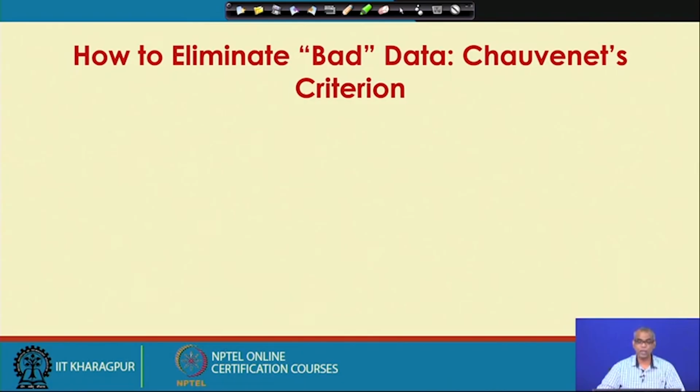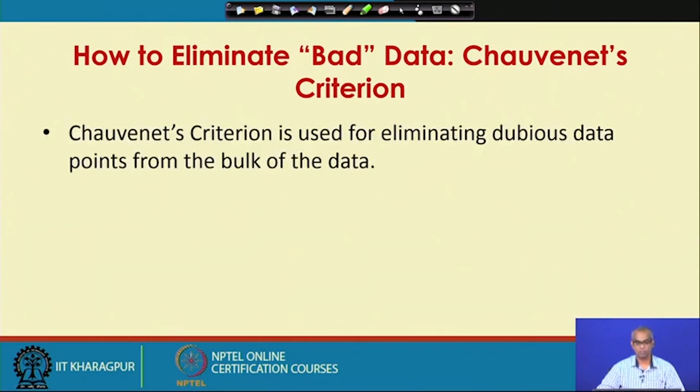Is there a way to eliminate such bad data? Chauvenet's criterion serves this purpose. It helps you to eliminate the bad data which are outliers. Chauvenet's criterion is used for eliminating dubious data points from the bulk of the data.